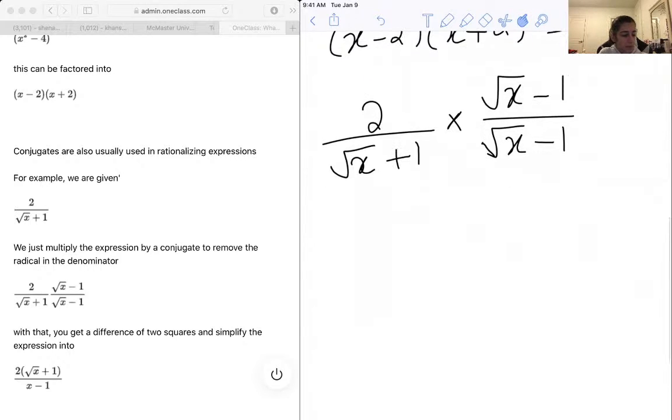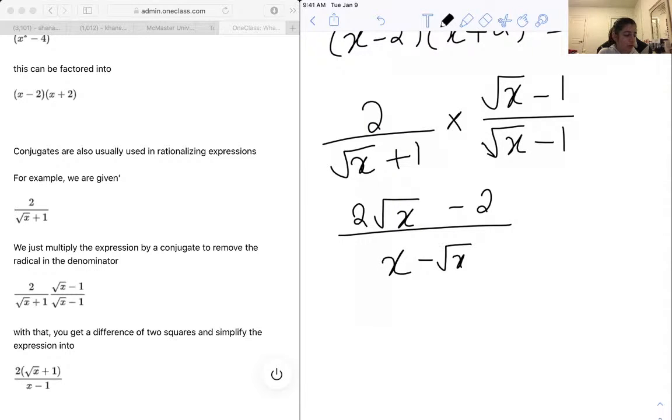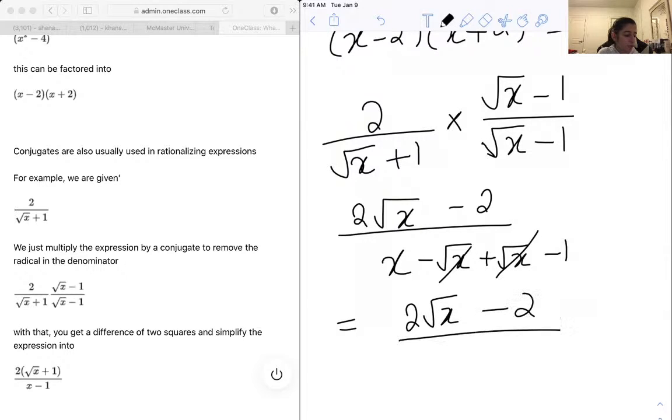So when you multiply that out, that becomes 2 times square root of x plus 1 over x minus 1. The square root terms cancel out, and you're left with 2 square root of x plus 1 over x minus 1.